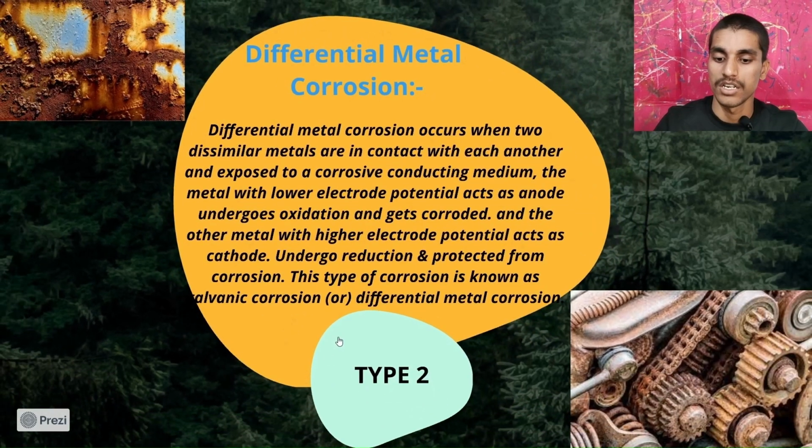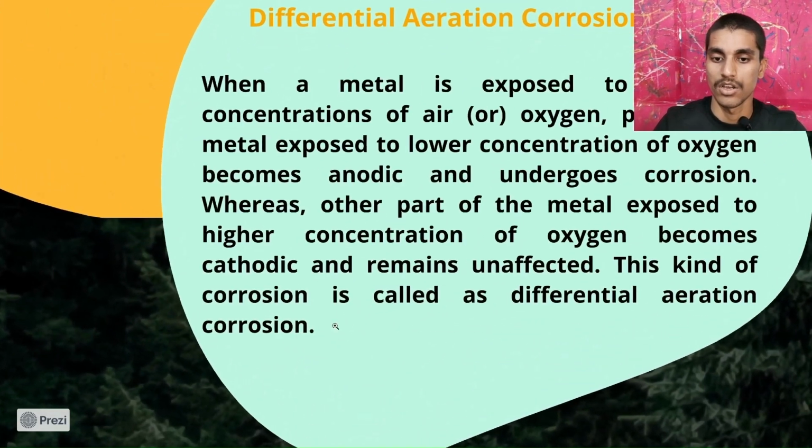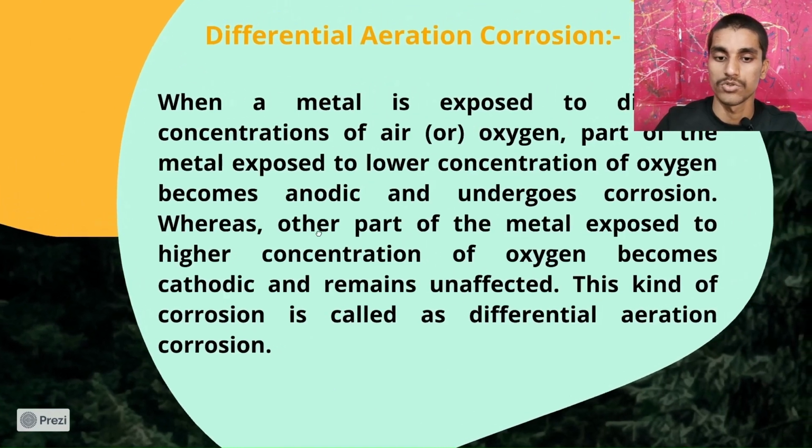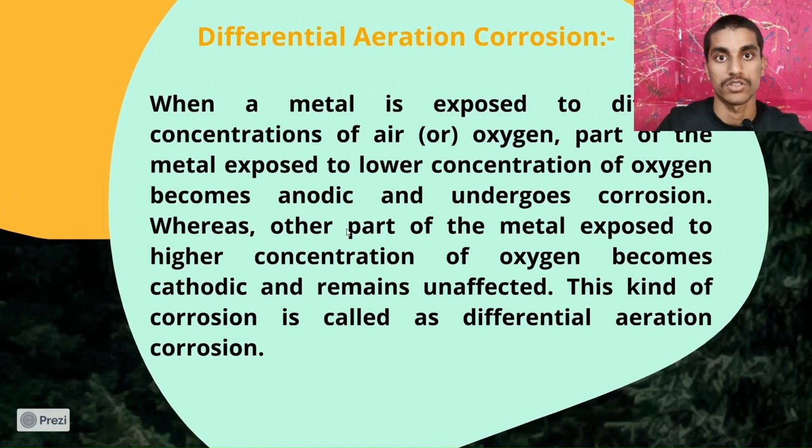This type of corrosion is known as galvanic corrosion or differential metal corrosion. The second one is differential aeration corrosion. When a metal is exposed to different concentrations of air or oxygen, the part of the metal exposed to lower concentration of oxygen becomes anodic and undergoes corrosion, whereas the other part of the metal exposed to higher concentration of oxygen becomes cathodic and remains unaffected.